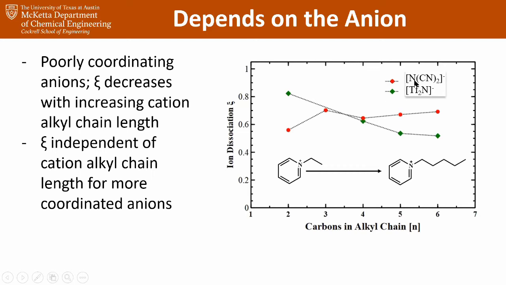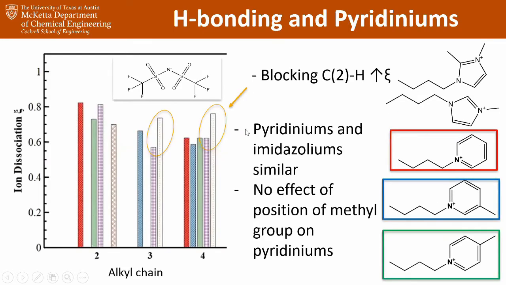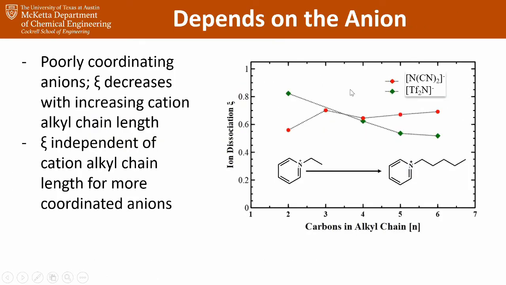But when you pair it with something like dicyanamide, then you can see that the ionicity is not very dependent on the alkyl chain length. So, how the alkyl chain length on the cation influences ion dissociation really depends on the coordinating or non-coordinating ability of the anion.